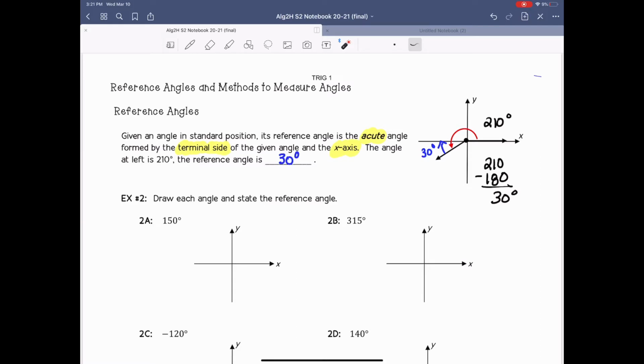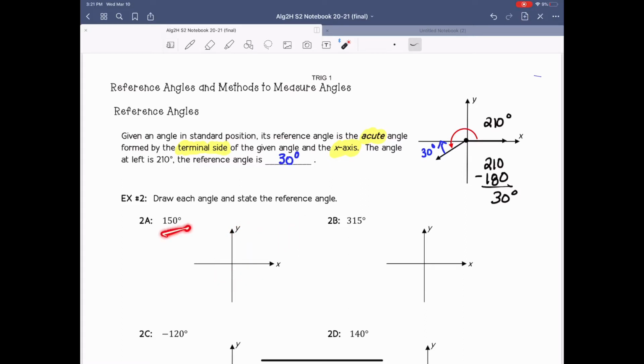So just keep in mind, from the initial side, if we made a quarter rotation, that would be 90 degrees, and that makes sense because it forms a 90-degree angle or a right angle. If we made a half circle rotation, that would be 180 degrees. If we make 3/4 of a rotation, that's 270 degrees. And obviously a full rotation around the circle will be 360 degrees.